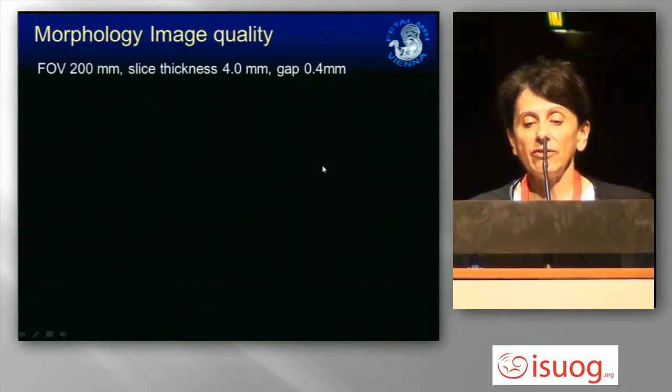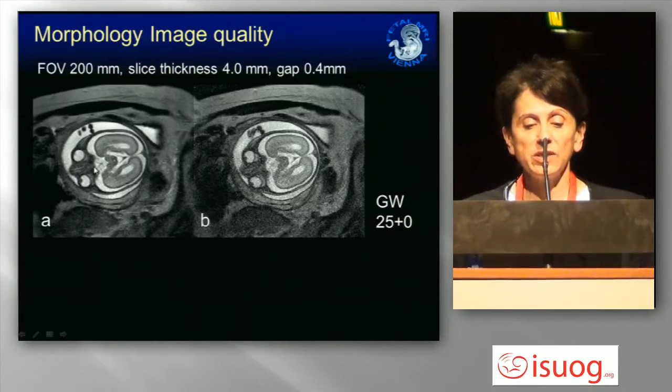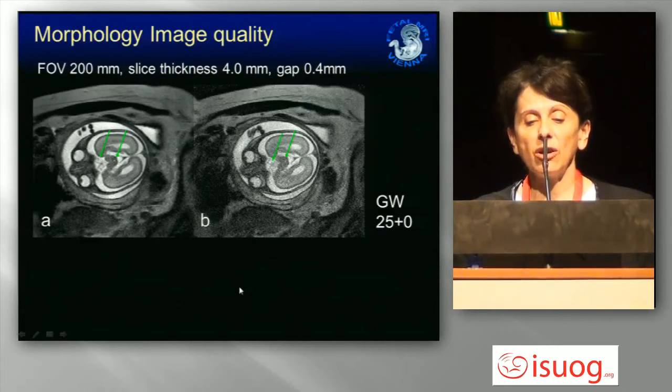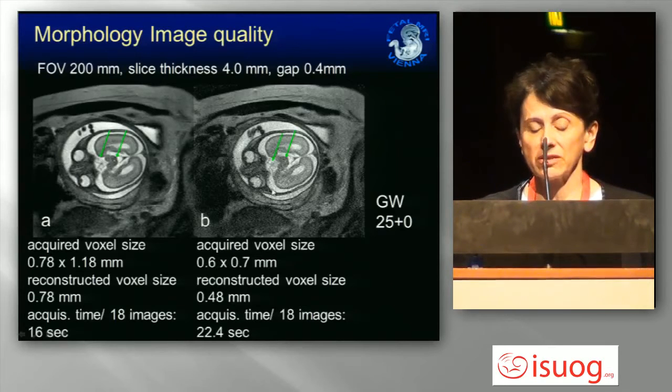However, we have found ways to improve image quality. You see 2 images here. Here you can recognize the optic chiasm very well, and here not. And you can delineate the aqueduct, and it is not possible here.